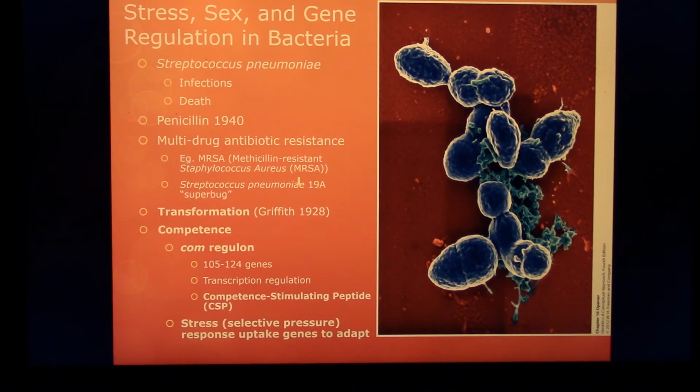And Staphylococcus aureus, of course, grows on our skin. It's a normal part of our microbiome, if you will. But it can acquire resistance to a lot of antibiotics that we take, especially if antibiotics are taken and not completed.